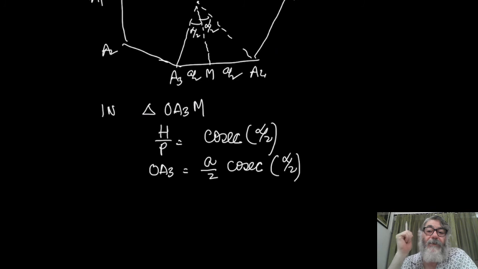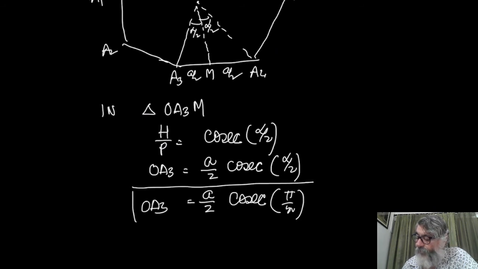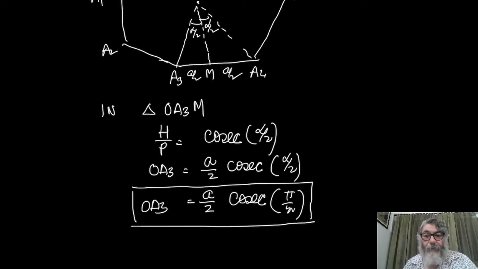So I'll get n angles, each equal. So instead of alpha by 2, I'll get pi over n, and OA3 is A by 2 cosec pi by n. Is that clear?